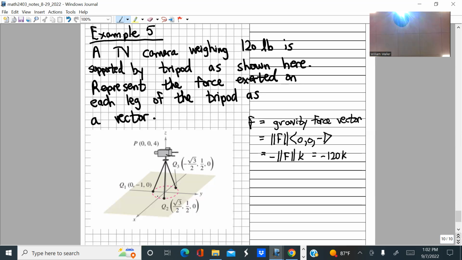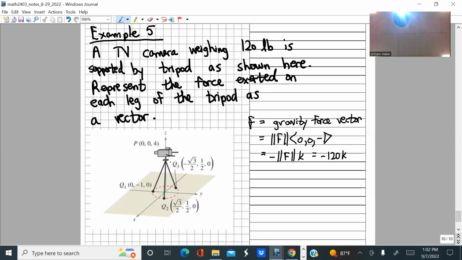The book is conveniently labeled points for you, because it tells you here in this three-dimensional coordinate system where the tripod legs are located, and also where the camera is located. I don't know if this is 4 feet or whatever, but it's some unit of distance measure.